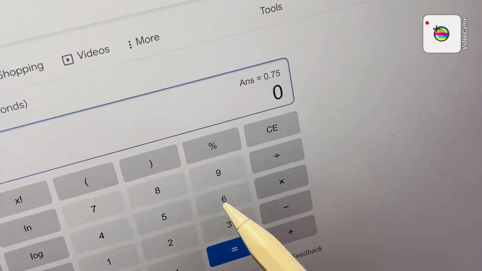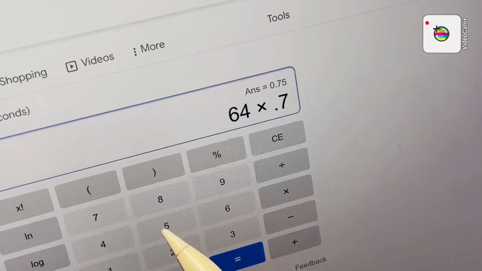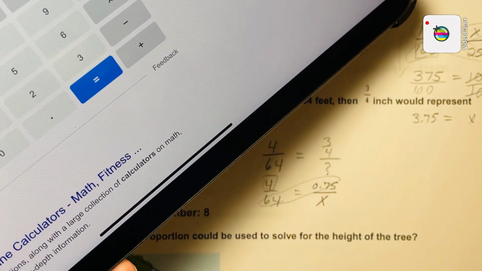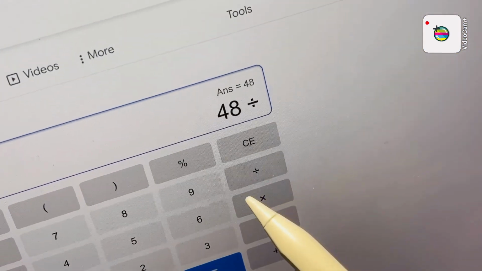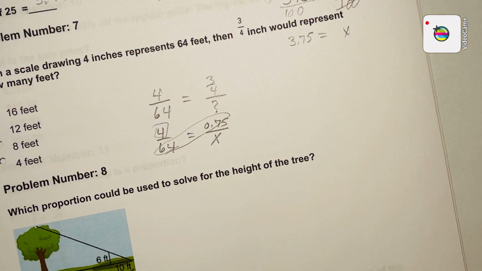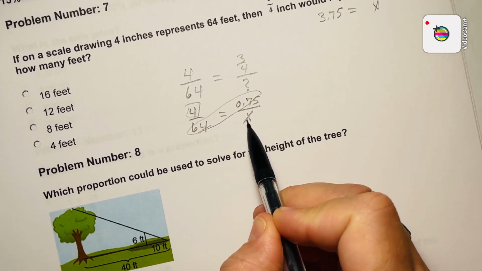All right, so 64 times 0.75 is 48, and then what are we dividing by? 4. Divide that by 4, 12. So x is 12, or that missing piece is 12.